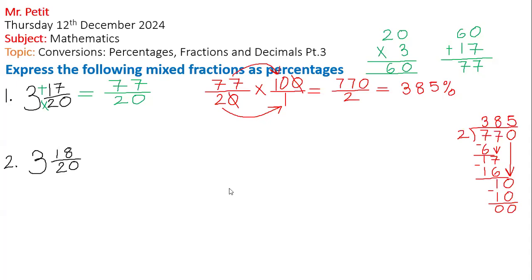Turn the mixed number into an improper fraction. Very good. So we're going to take 3 and multiply it by the denominator, which is 20, and we're going to add the numerator, 18.